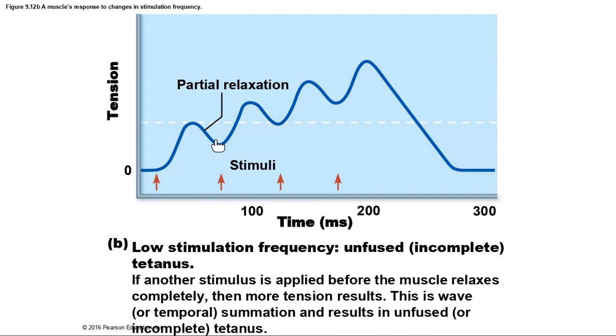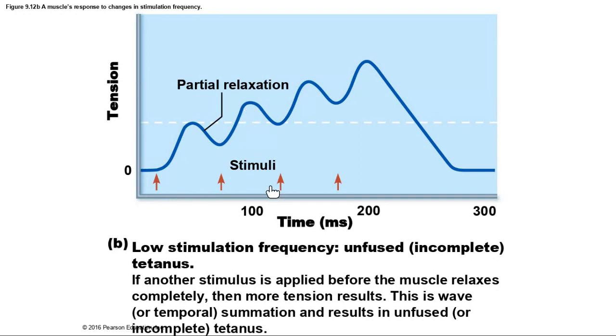The reason we only have a partial relaxation period is because, look here, we're having a second stimulation from that neuron coming to that muscle cell. So this muscle cell is not permitted to have a full relaxation period because it's getting stimulated again. All right, so once again, boom, up here, another contraction.